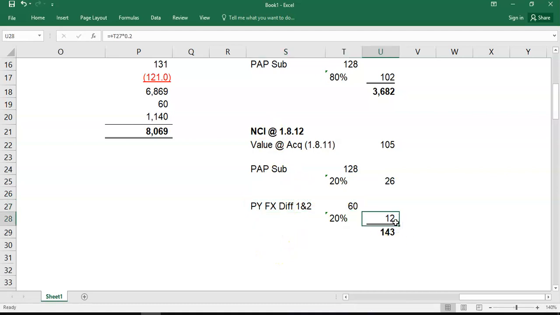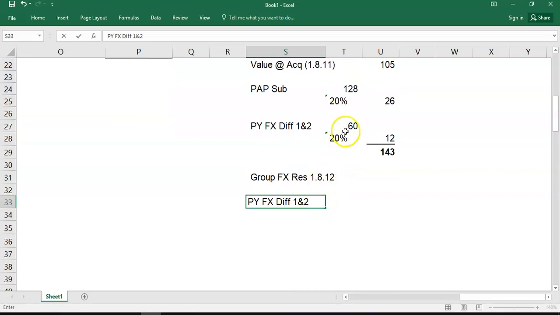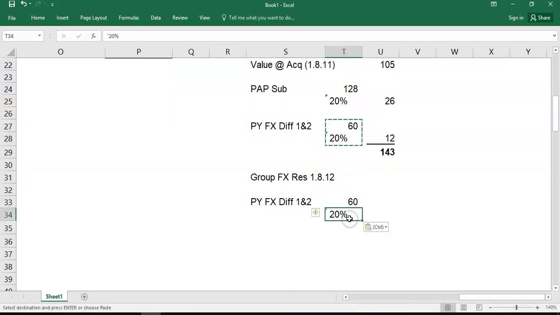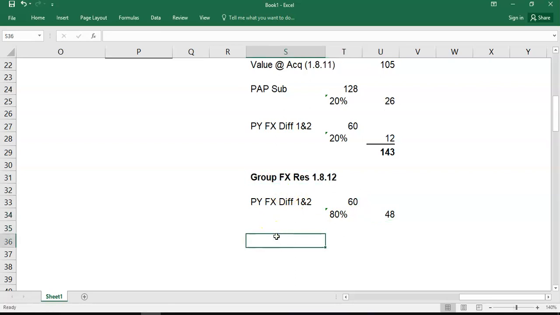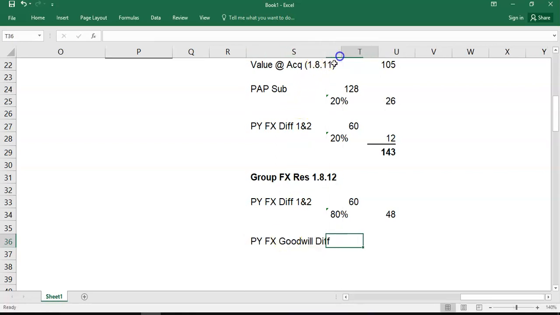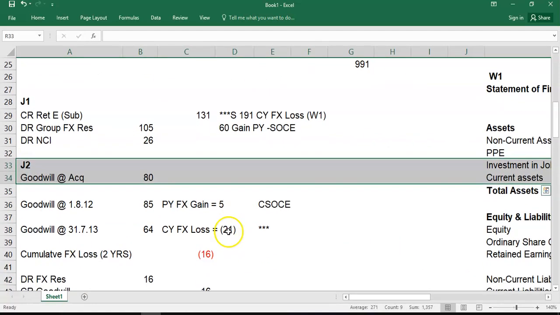So your last thing then is the group FX reserve. Group FX reserve at the 1st of the 8th, 2012. Prior year FX difference, 1 and 2. So what you're doing, the 60, but they are now getting 80%. The group gets 80%, which is 48. And then prior year FX goodwill difference. The prior year goodwill FX difference, we said from journal 2 was a gain of 5.